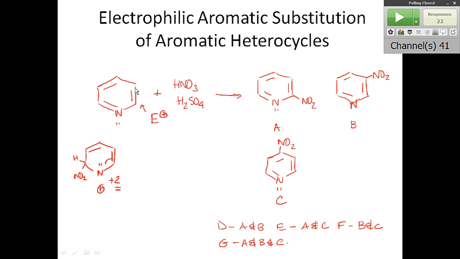What if I added the electrophile to this position? What would I get? How many resonance structures could I draw there?